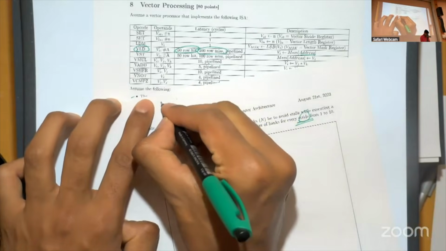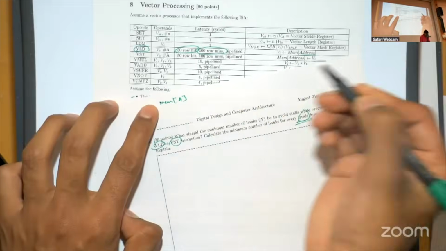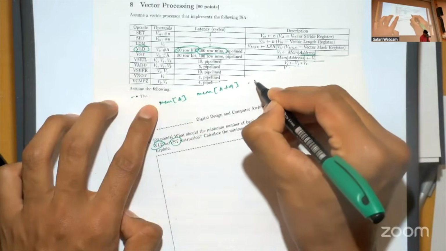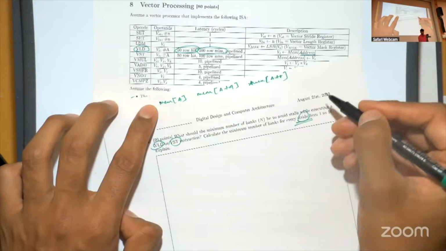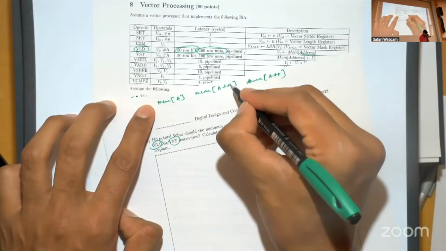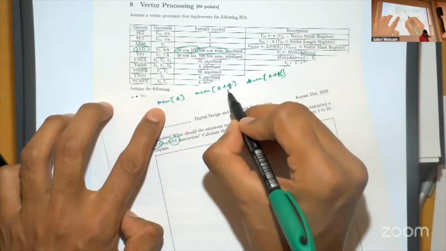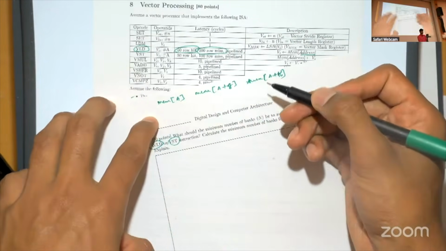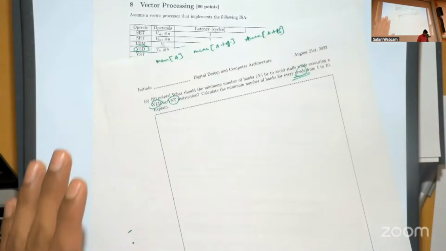So if you access memory A, then A plus 4, and then A plus 8, this is at a stride of 1. And A plus 8, A plus 16, this is at a stride of 2. Okay, does that make sense? Okay, looks like it makes sense.